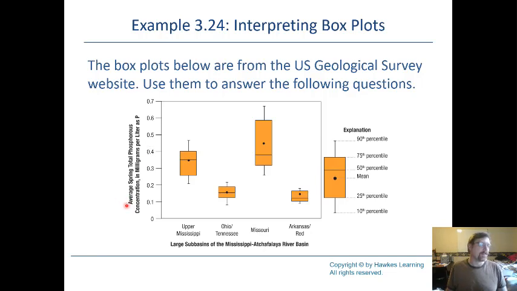So you do need to be careful and not read too fast. These are average spring total phosphorus concentrations that we're looking at. So rather than looking at the average total phosphorus concentration, we're looking just for the lowest. So there it is at the Ohio, Tennessee. I was looking at that mean value and thinking those two were the same.